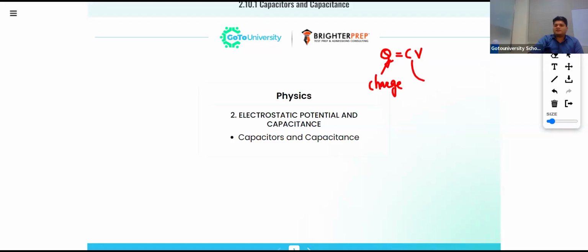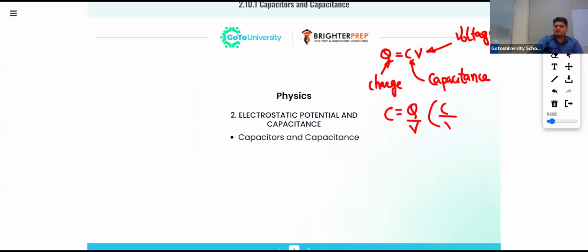What is C? Capacitance. What is V? Voltage. So C will be equal to Q over V. What is Q? Charge. What is V? Voltage.